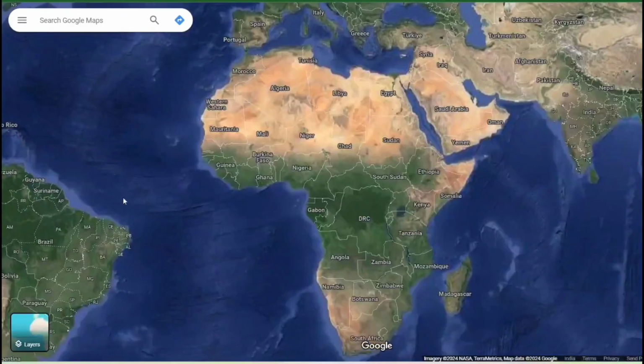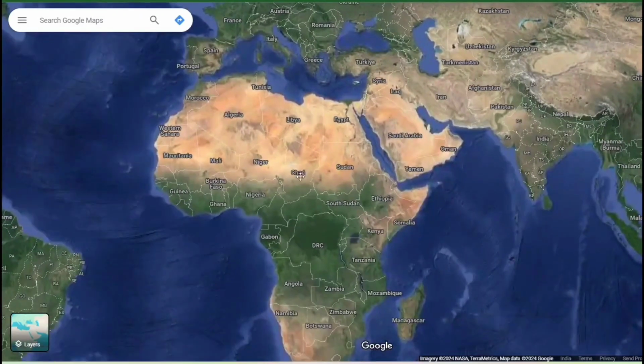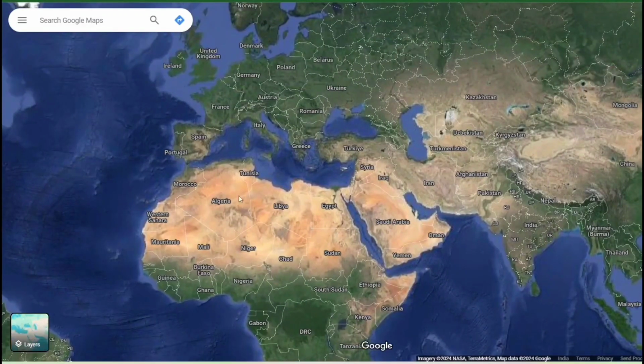Even these locations, Afghanistan, Iran, all lie in the subtropical climate. This is where evaporation exceeds precipitation. That's why you see a lot of deserts localized in those particular latitudinal ranges.